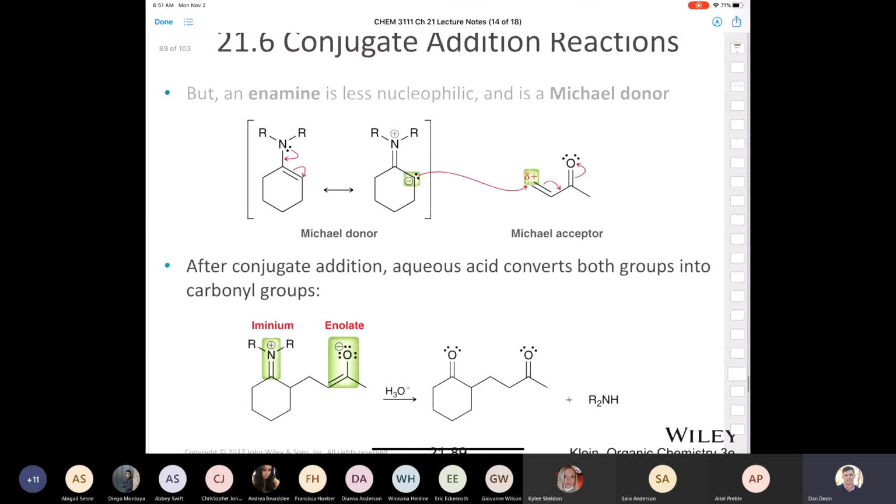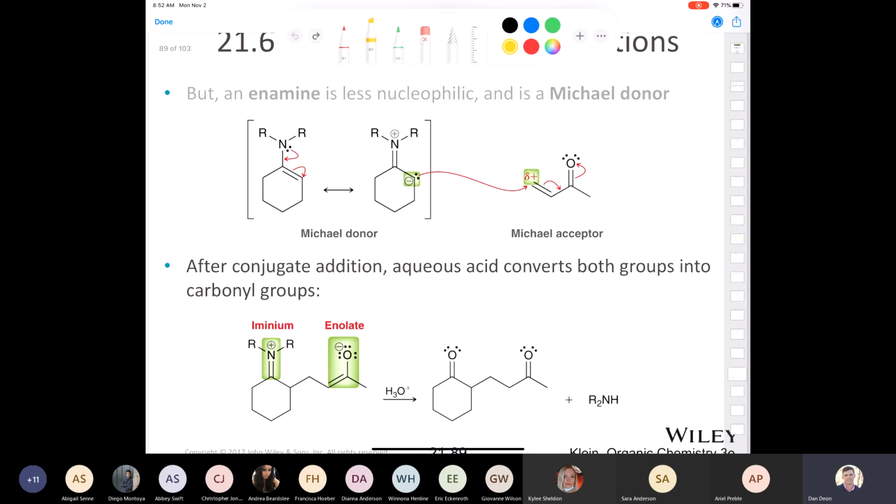Now, here's the mechanism of the conjugate addition of the Michael donor. We draw the negative charge on our nitrogen, and then we draw the conjugate addition reaction arrows. After conjugate addition, you end up with this intermediate. This is a key step: all you have to know is that you end up forming an enolate and an aminium.